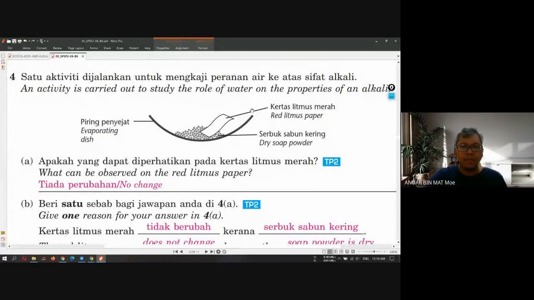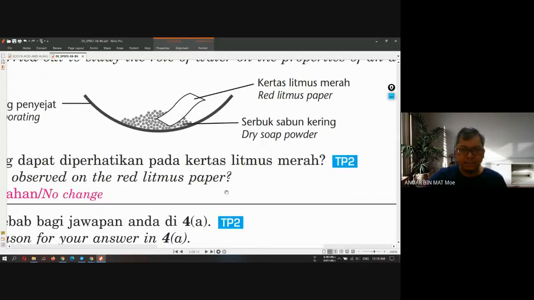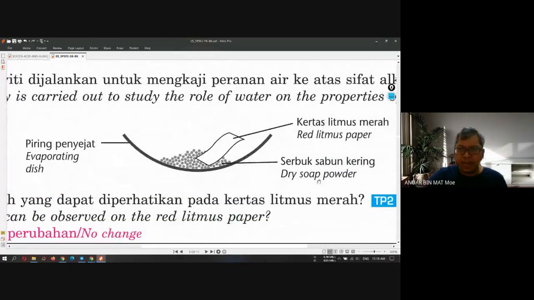If you look at the picture here, you try to determine whether the dry soap powder is acidic or alkaline. Okay, I just zoom it a bit. Dry soap powder, and you try to use litmus paper to test whether it is alkali or acid.